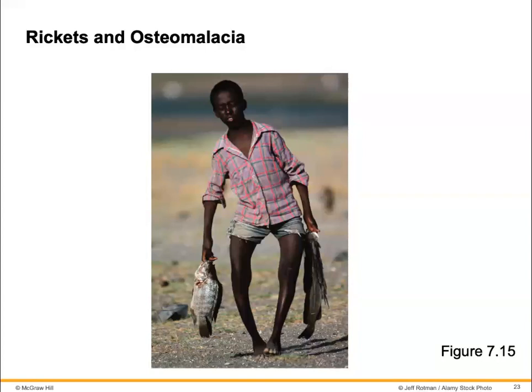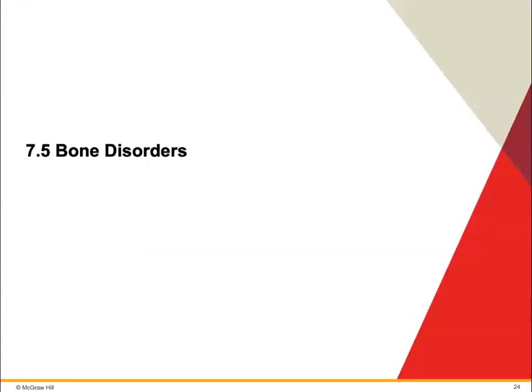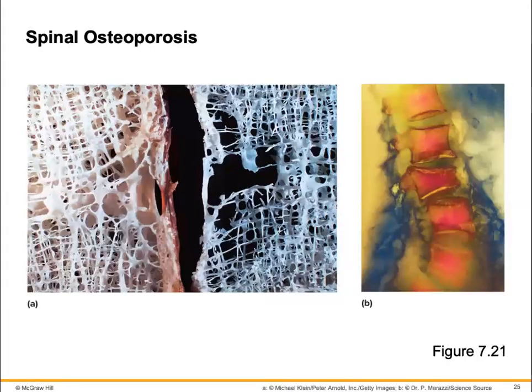And it can lead to abnormal bone softness in children, which is referred to as rickets, and that's what's depicted in this figure, as well as osteomalacia, which is the same type of disease, but in the adults.